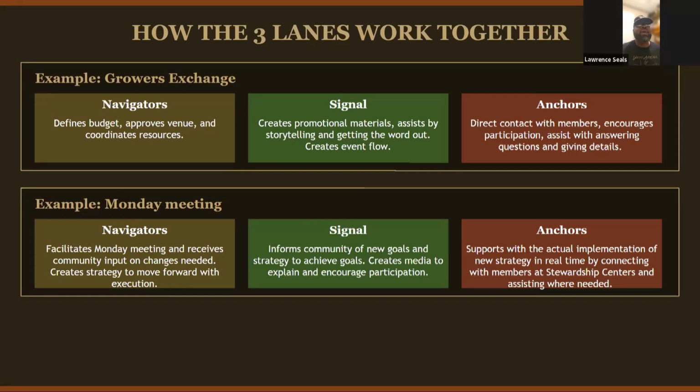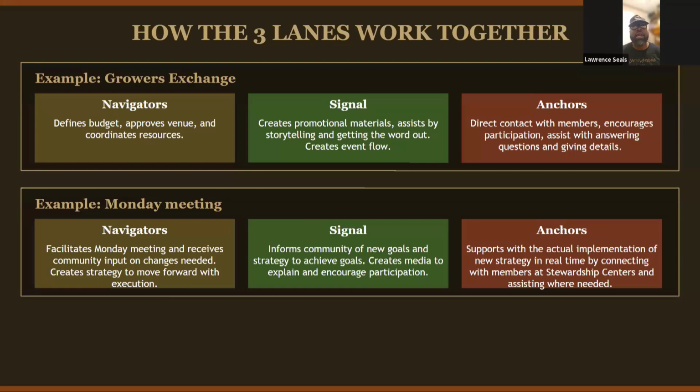And that point of contact can be in the anchors department. So this is how all three departments flow to have one event manifest as what we desire it to be: a great way to connect with community and expand our network as far as building relationships.